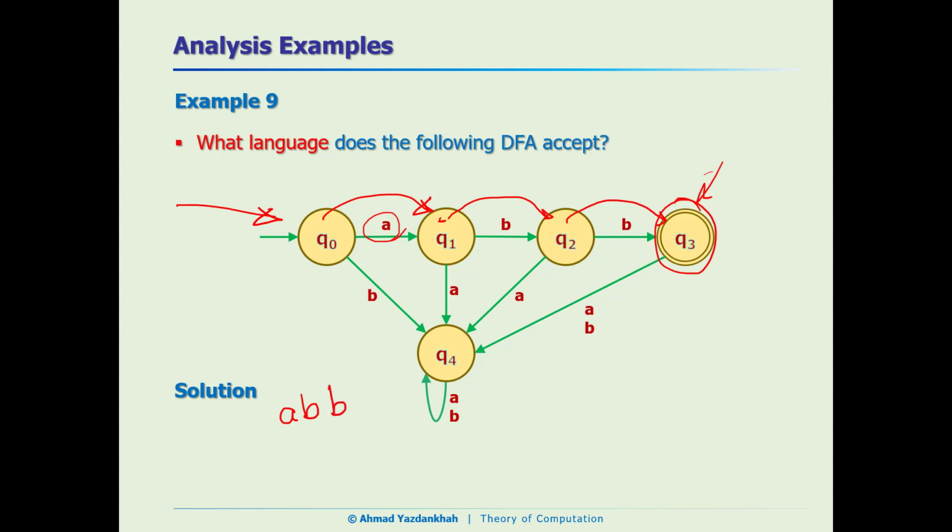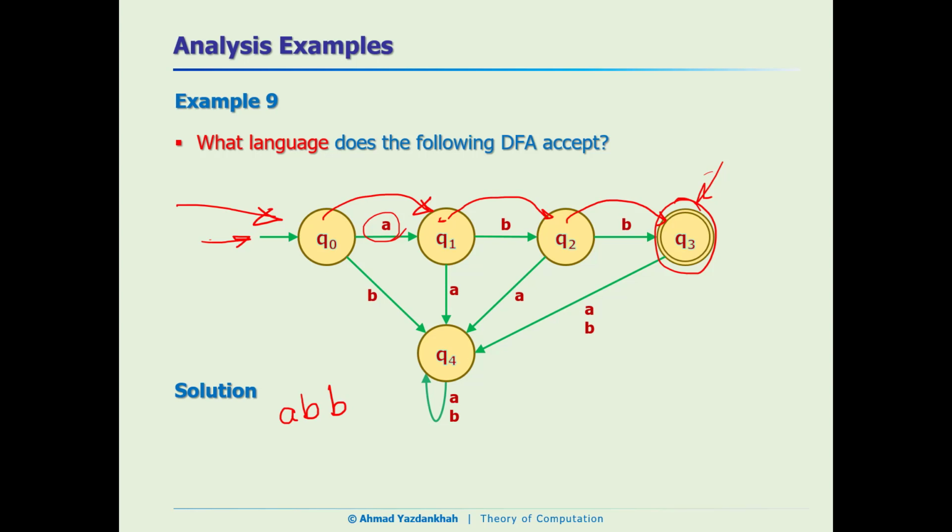Okay. Anything else? Can you imagine putting something in the initial state here and it reaches here, other than ABB? Can you imagine any other string? You can pause the video and think about this.